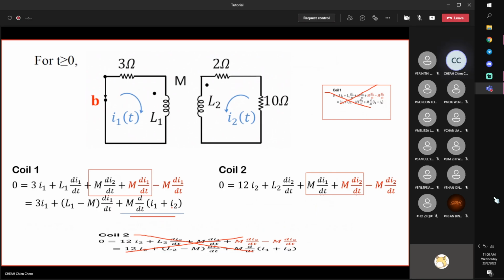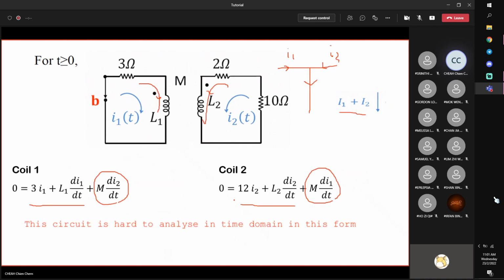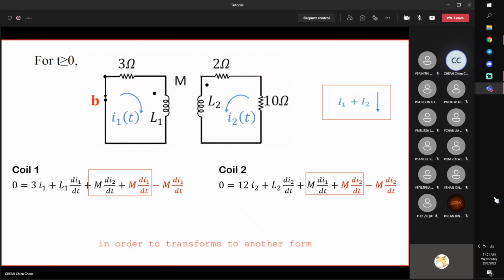(I1 plus I2)/dt. Now, when you add this term, you must subtract this term, all right? Subtract this term. So these terms will end up grouped together with here because these are all di1/dt. Okay, then I get some current, right, which is I1 plus I2. Okay, similarly on coil 2, I will add di2/dt because here I have I1. So I add I2, then I'll get I1 plus I2.